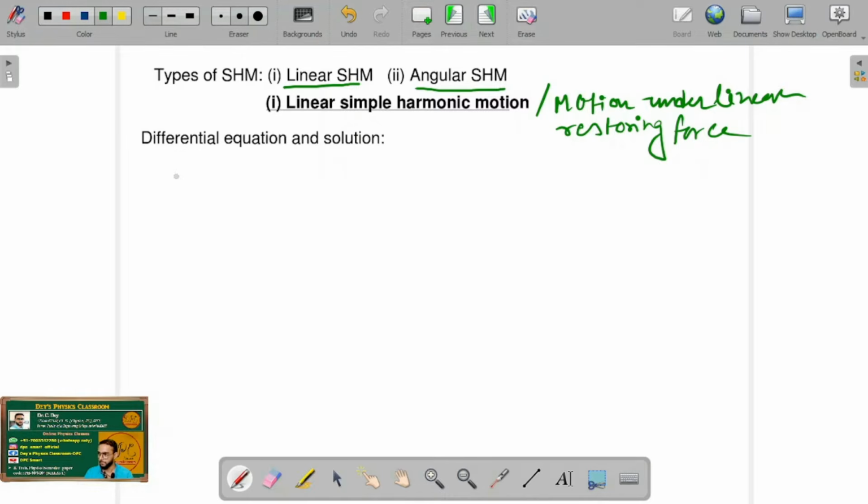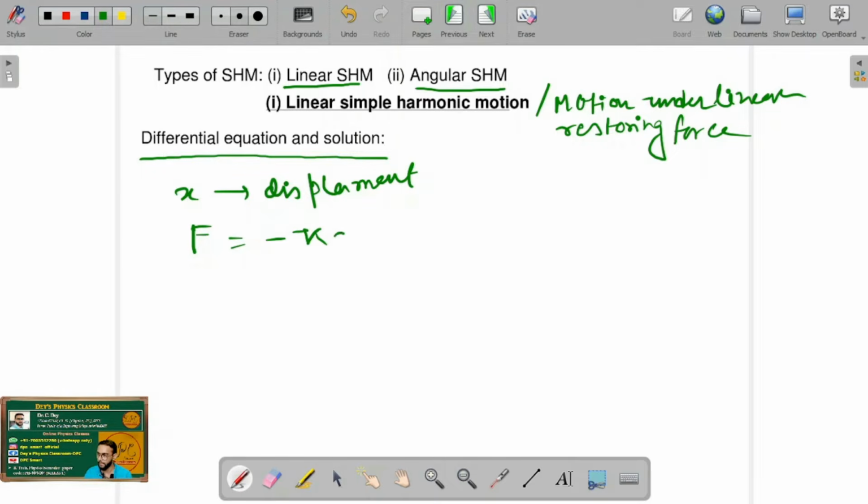So now we will find out the differential equation of motion for a linear simple harmonic motion, or a motion of a particle under linear restoring force. Suppose x is the displacement. According to simple harmonic motion, the force is minus k into x.